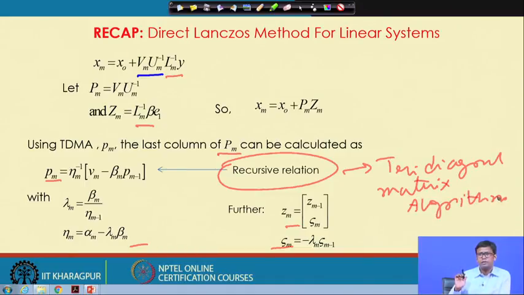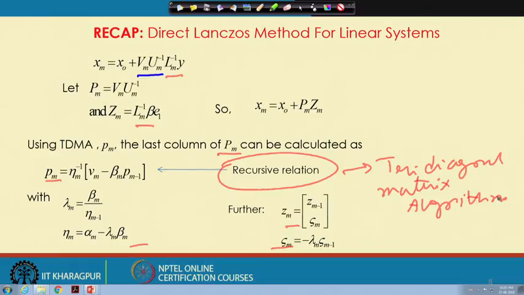And we have done it in great detail when discussing direct solvers for tridiagonal matrices, which is the tridiagonal matrix algorithm or Thomas algorithm. Remember when we looked into the finite difference approximation of the one dimensional heat conduction equation or one dimensional Laplace equation, and got a tridiagonal matrix, we observed that instead of doing Gauss elimination, using a recursive relation we can write a TDMA algorithm which will give us a very fast solution.